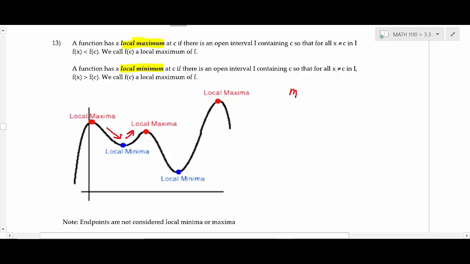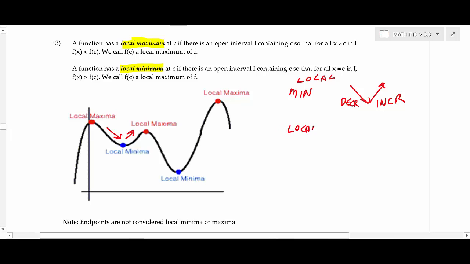So you can write this if you want to. To me the simplest way to think of a local minimum is that the graph decreases, then changes directions on the other side of that minimum and starts increasing like that. Okay, so it can't be an endpoint. There's got to be something going to the left of it and something going to the right like that.